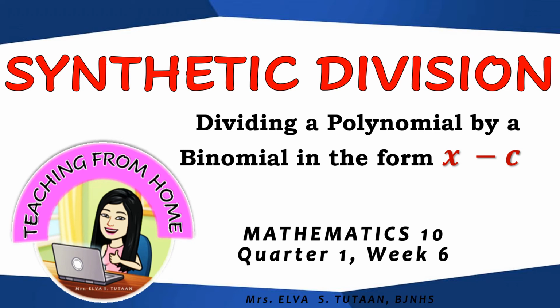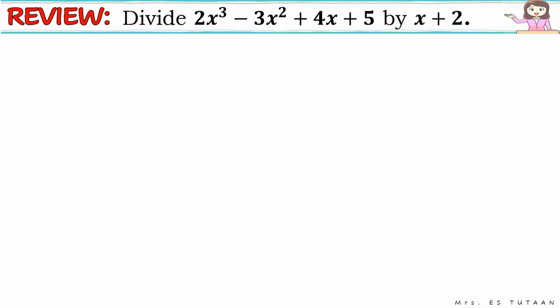Hi guys, today we will discuss how to do synthetic division in dividing a polynomial by a binomial in the form x minus c. Let us first review how to divide a polynomial by a binomial using the long method.